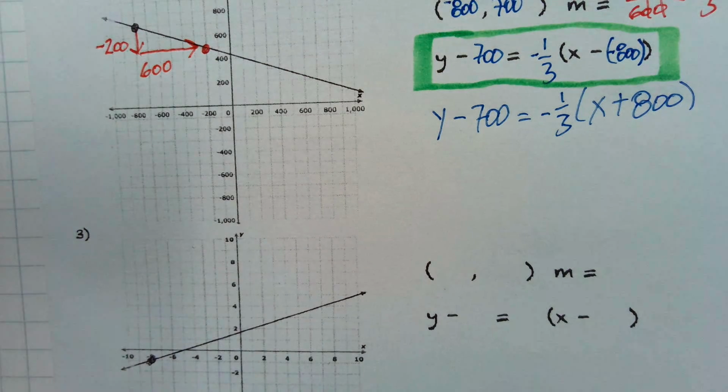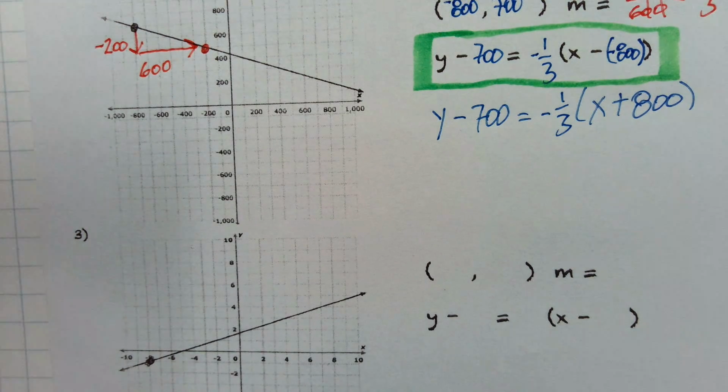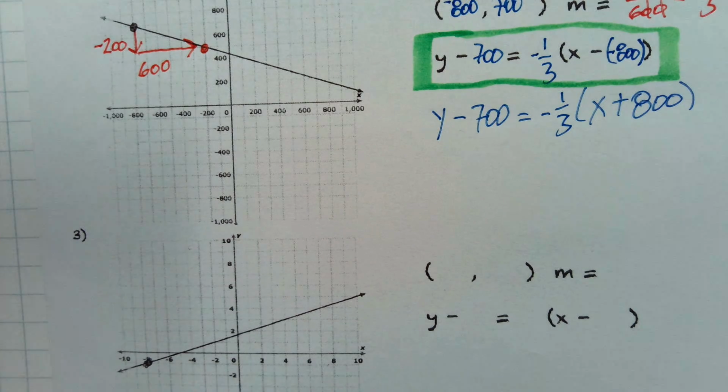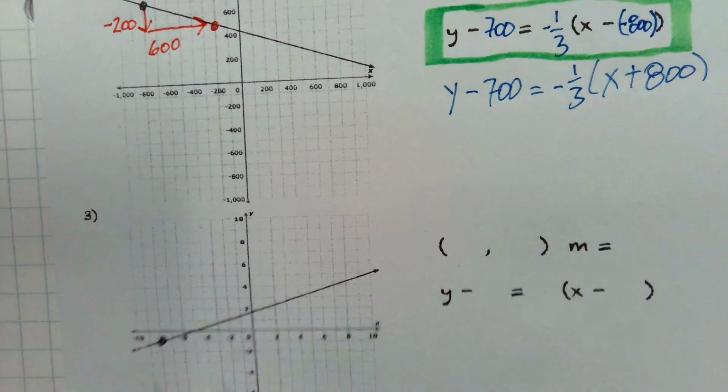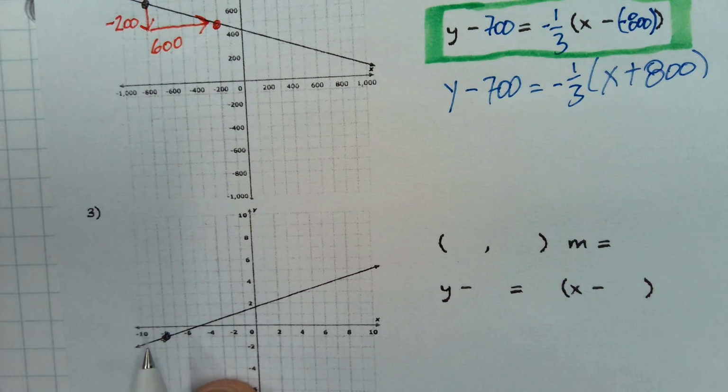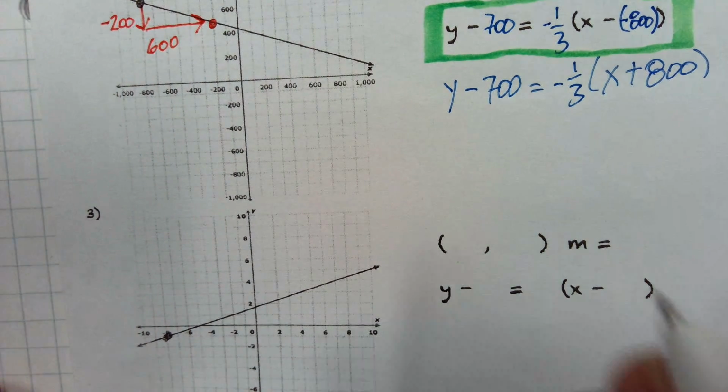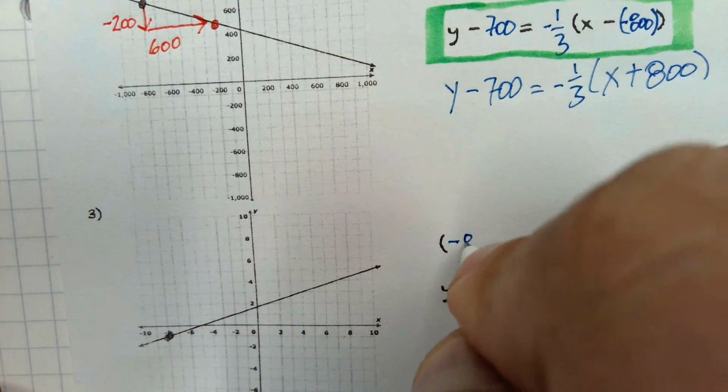So try the last one. Let's start with the coordinates. What's the ordered pair for that point? Negative 8, negative 1.